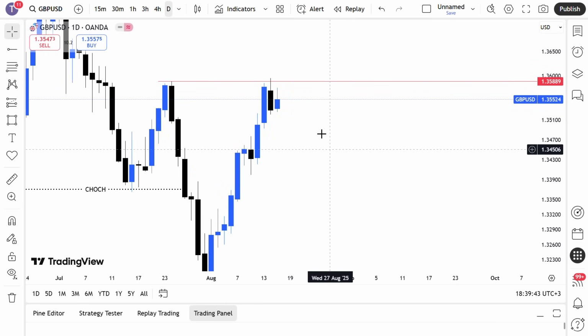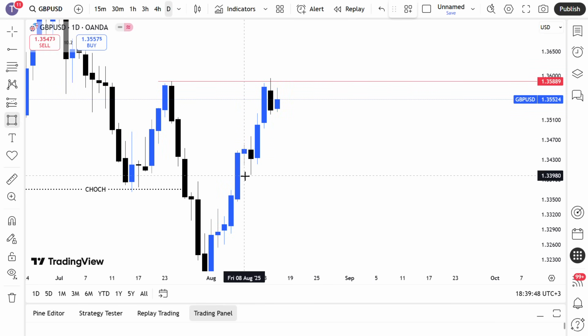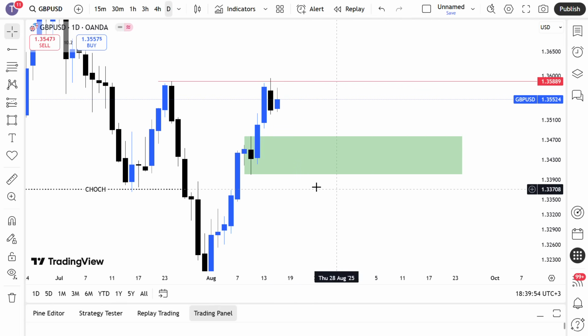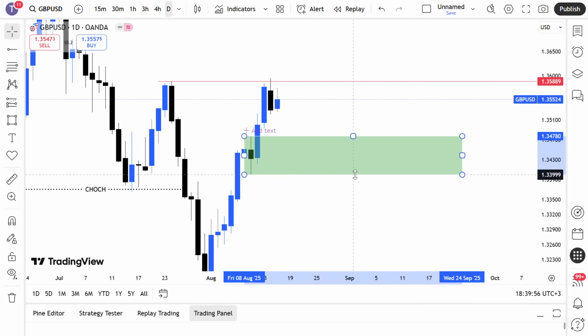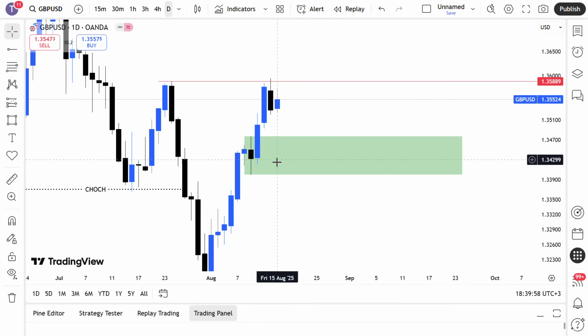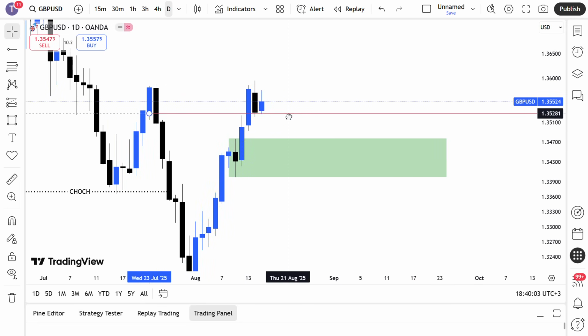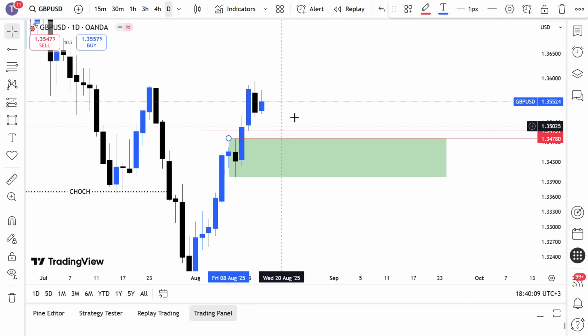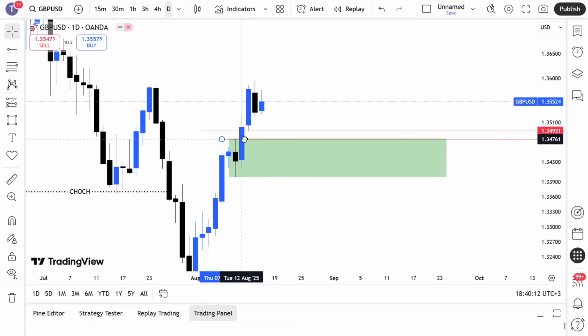This week I'm watching out for price to come into this area. I have this order block, a daily order block that is very valid, and on the order block we have a fair value gap. I expect the market to come back into this order block and fill this fair value gap. You can see the fair value gap inside here, between this candle and this candle.